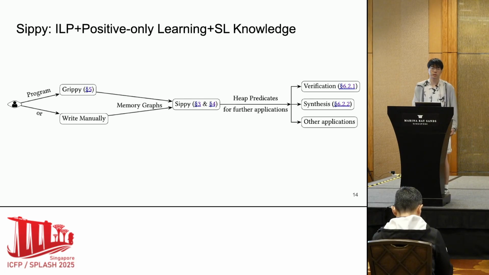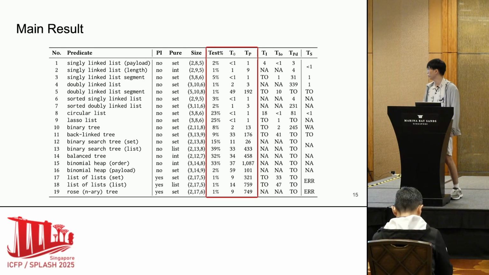So our tool is a combination of traditional inductive logic programming plus positive-only learning and a lot of separation logic domain knowledge. The user can specify the memory graph by writing it manually or getting it from some programs, and we synthesize and output the heap predicate for further use. Here's our main result.